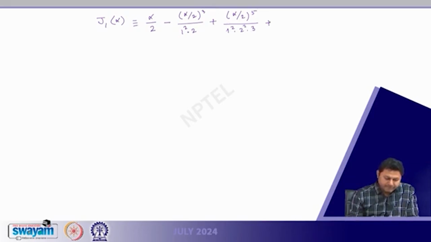There will be alternating plus and minus signs. So, this term will have a minus sign here, and so on.